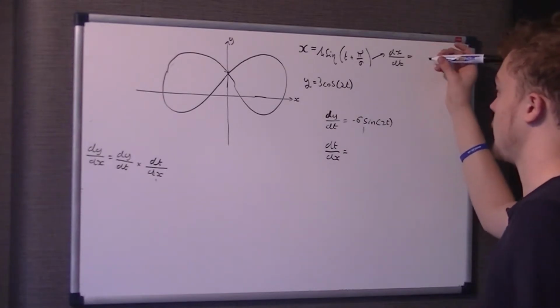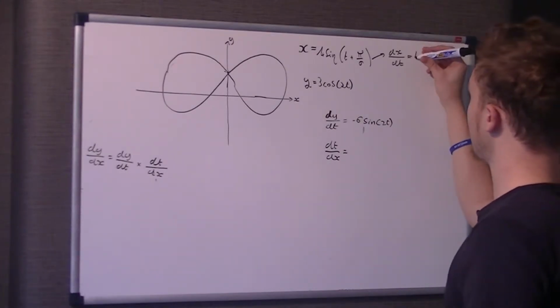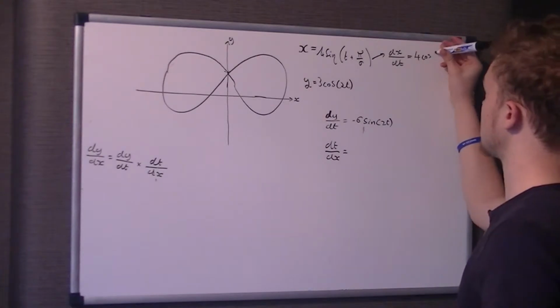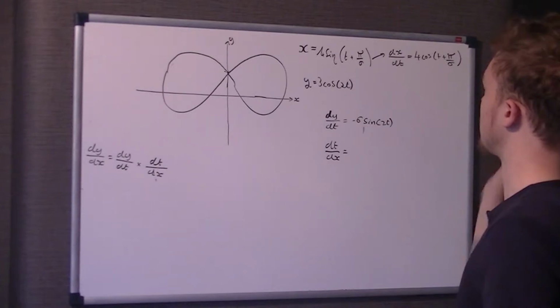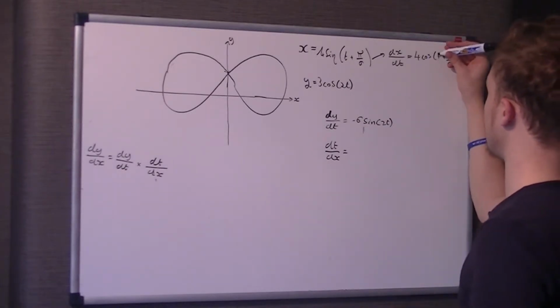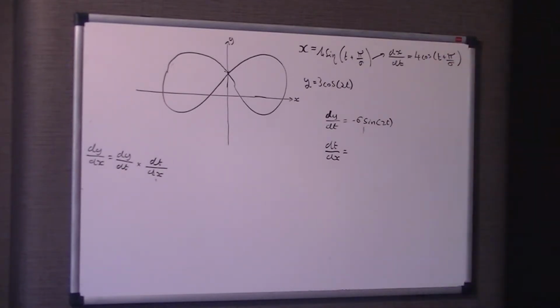When we differentiate sine, we get cos, so it's 4 cos(t plus pi on 6). Don't get confused because of the t plus pi on 6. How do you do the derivative of that? It's just 1, because pi on 6 is just a number. If it was t squared then it'd be 2t, fair enough, but t differentiates to 1, so it just becomes 4 cos of the same angle.